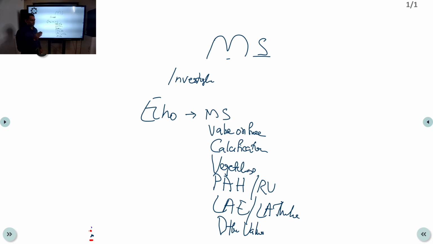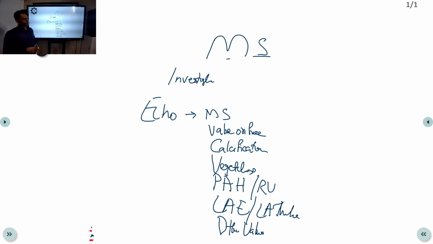Then coming to the apex, the signs of right ventricular hypertrophy, signs of pulmonary artery hypertension, and we are looking for the mitral stenosis murmur. That is a loud first sound, opening snap, mid-diastolic murmur with pre-systolic accentuation.